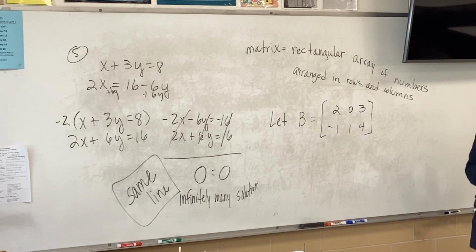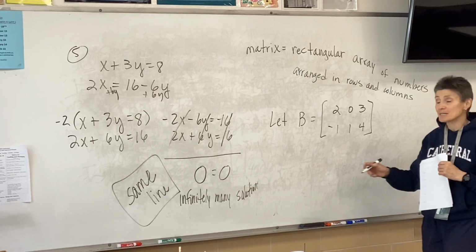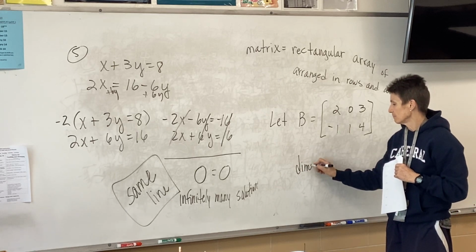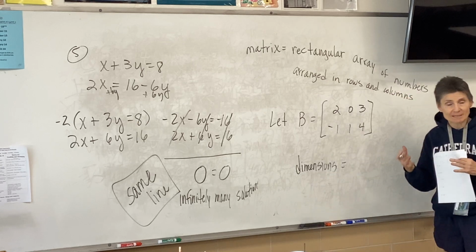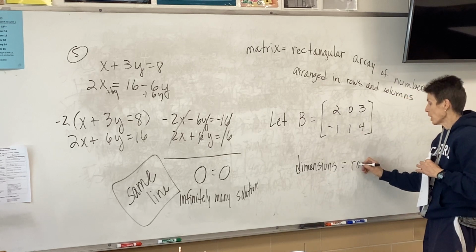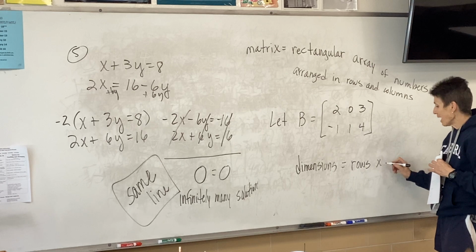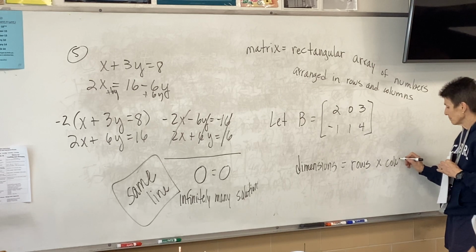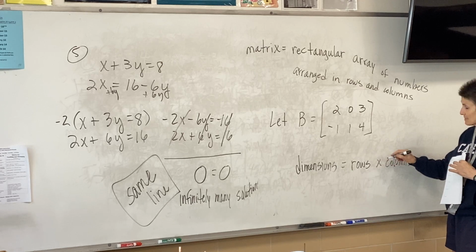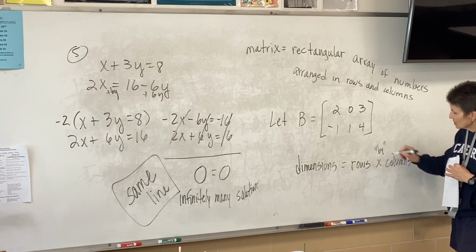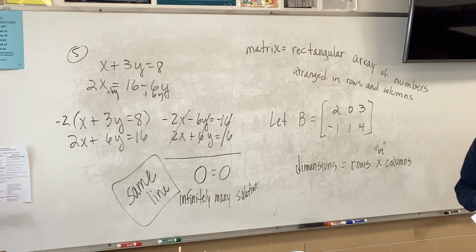When we talk about the dimensions of a matrix, the dimensions are basically the size of it. It's rows by columns. Now, this is not a times, this is by. Just like when you buy a piece of lumber and it's a 2x4, those are its dimensions.